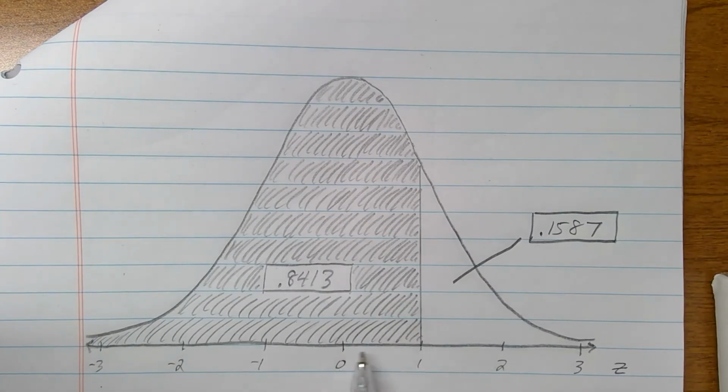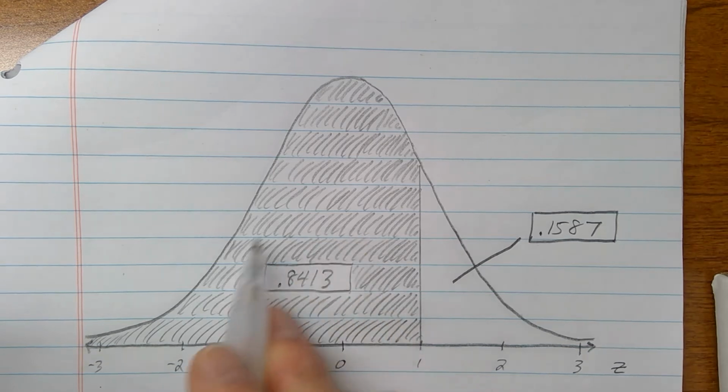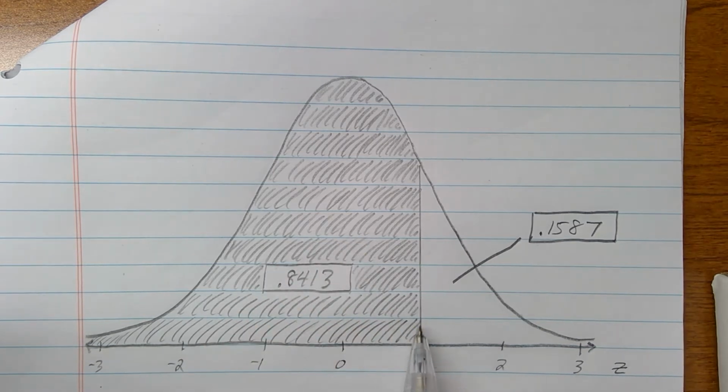All right, let's move a little bit to the right here. So I'm going to move 1 standard deviation to the right. So I'm talking about everybody who is from the far left all the way to 1 step above average. I'm talking about all those people added up. All right, so I just drew a line and I shaded this area in.